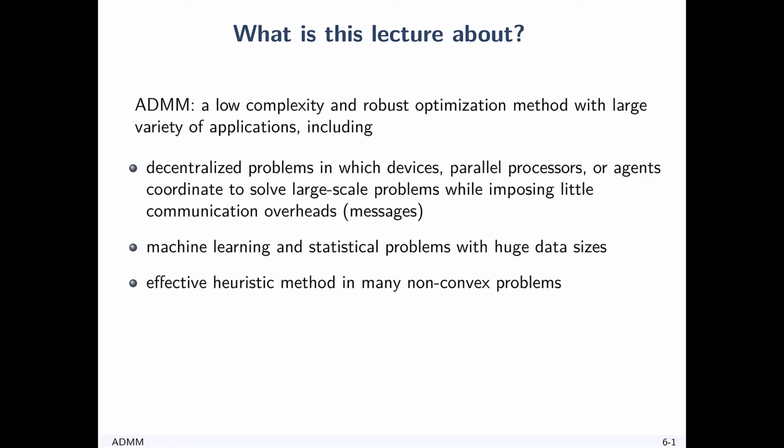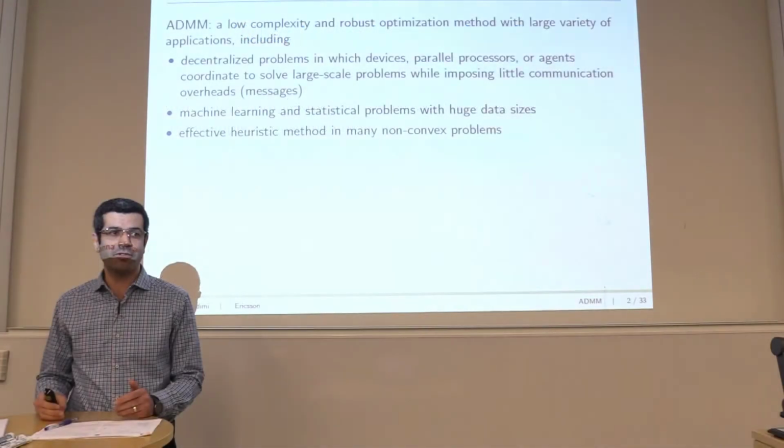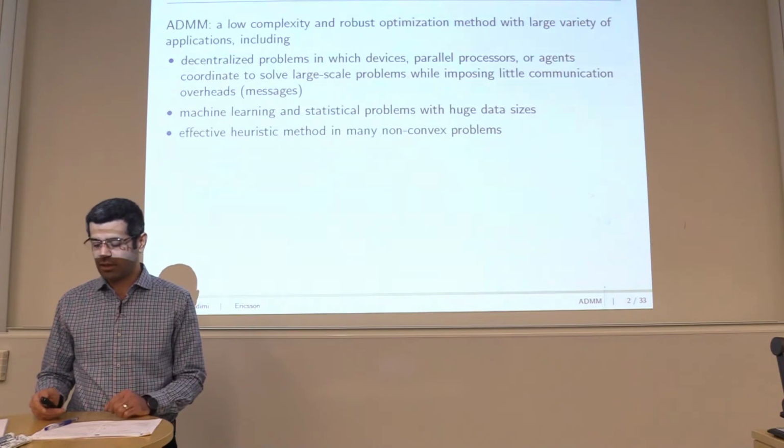With ADMM you design an algorithm that is not heavy in computation and is general enough, but it's perhaps not the best method if you want to consider a specific application. It can be good for a big range of applications, and with relatively small coding effort you can get something that really works in many practical problems. So that's nice about it.